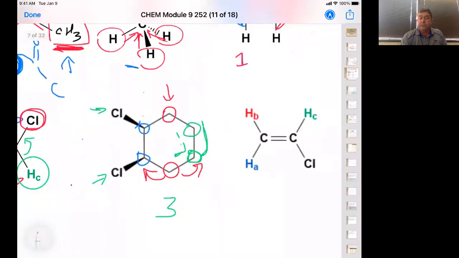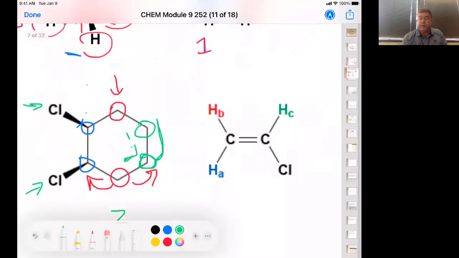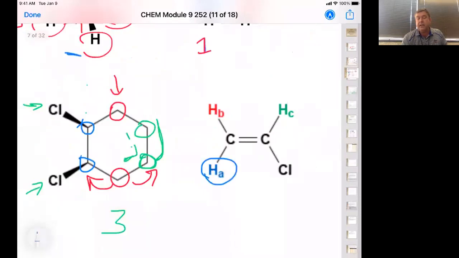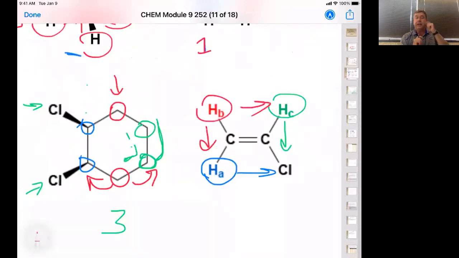And then again, we already did this one here, but this one's different because of its through space interaction. This one's different because it's bonded to the carbon of the chlorine. And this one's different because it only sees hydrogens through space. So that gives rise to 3 different peaks. All right, does that start to make sense now?